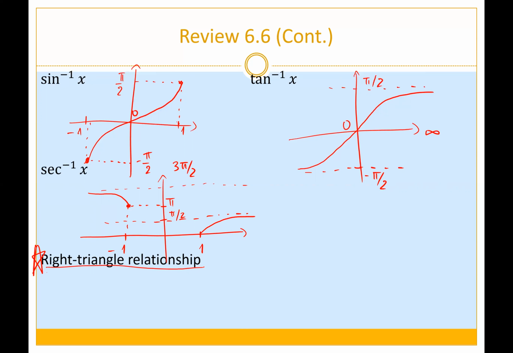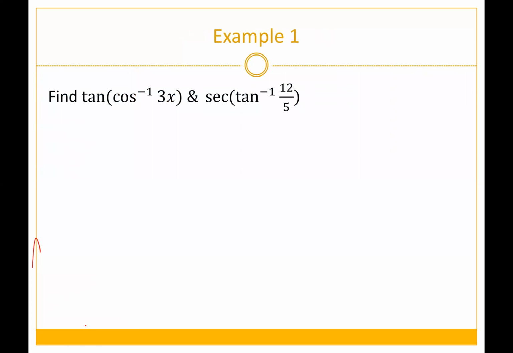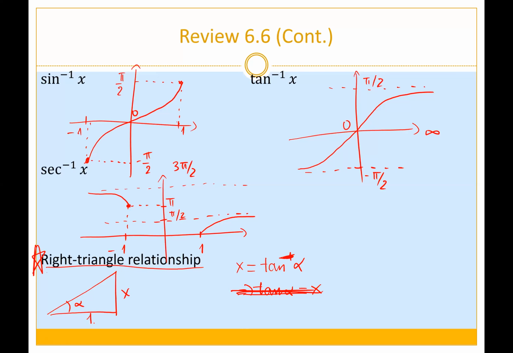And how it works is that, most of the time, say you assume that x is inverse tangent of alpha, meaning you have tangent alpha to be x. Oh, if you assume that x is tangent alpha, then you have x over 1.